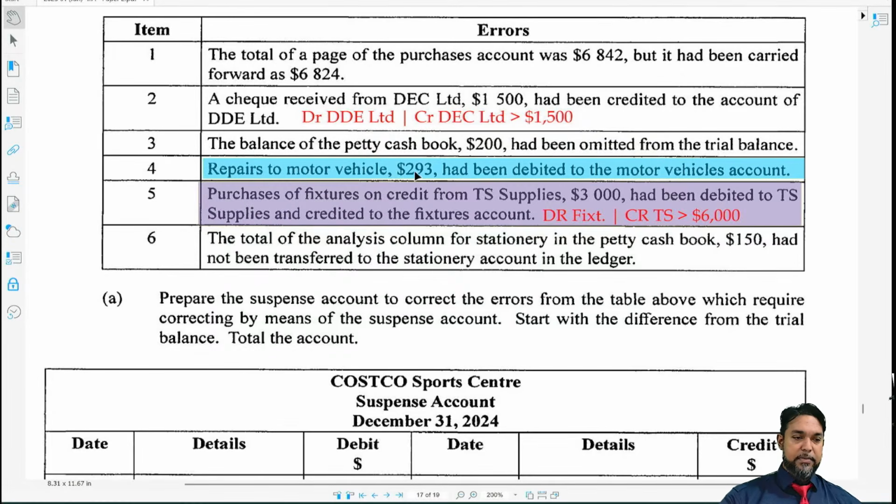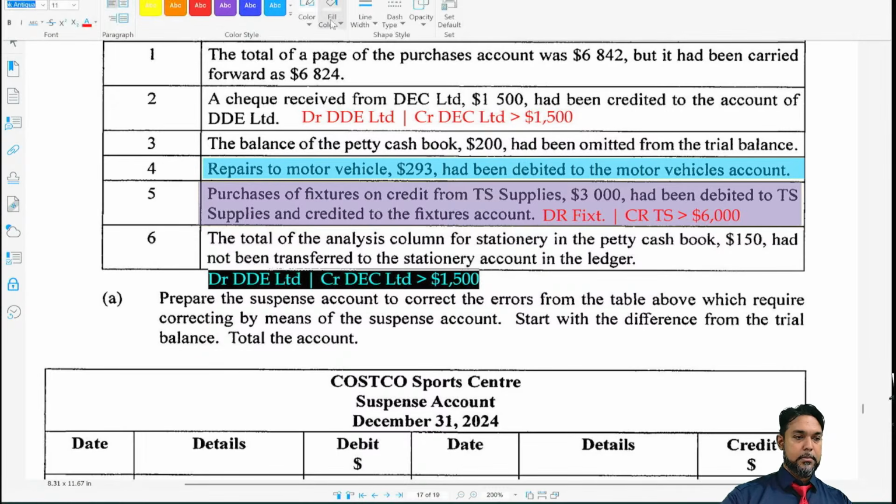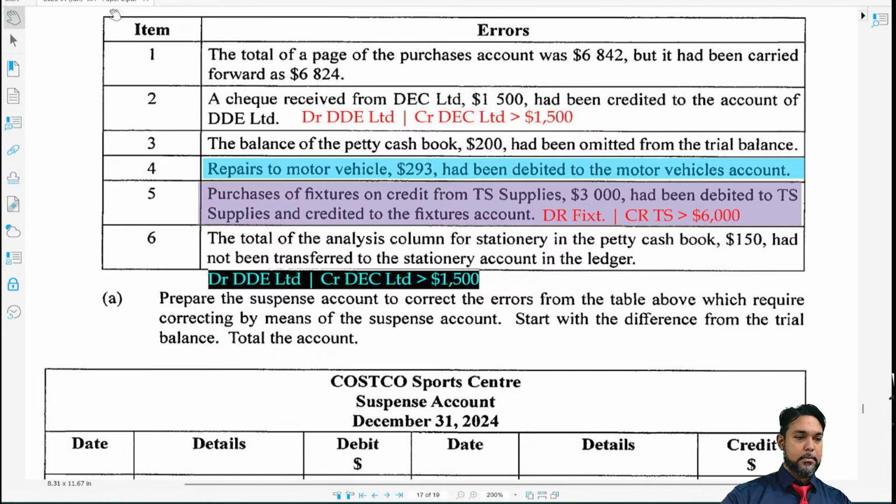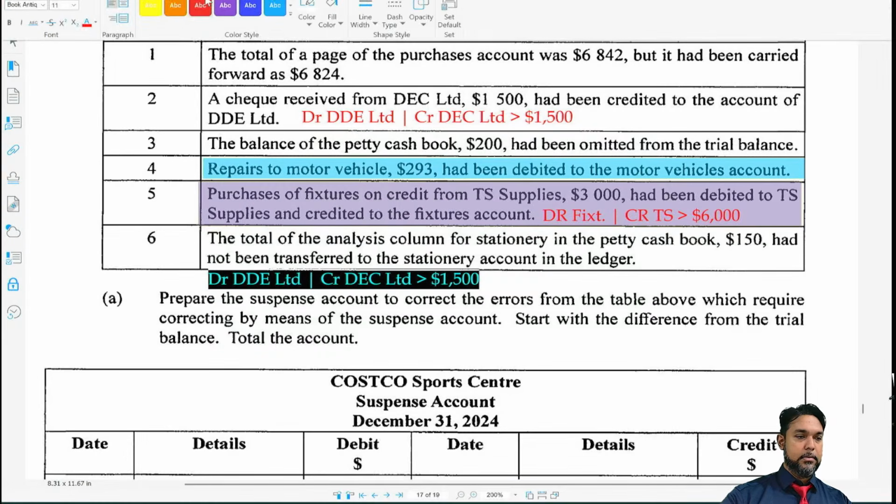So repairs to motor vehicle have been debited to motor vehicles. Okay. So I'll pull it down here. I could put it in blue so it ties into it. No, I don't want red.